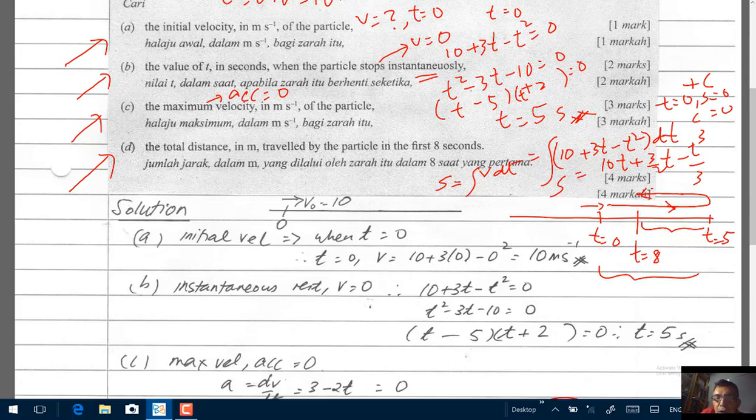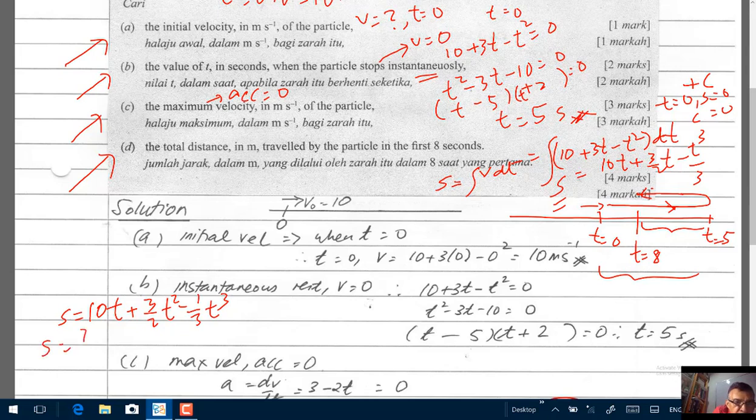So now you know the displacement: s equals 10t plus 3 over 2 t squared minus 1 over 3 t cubed. So what do we have to do next?